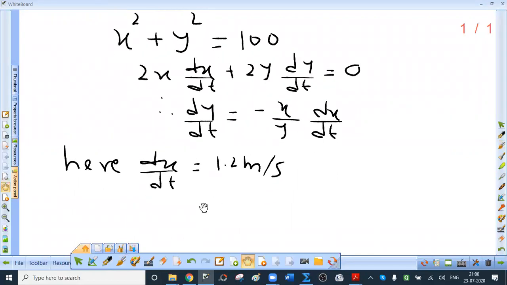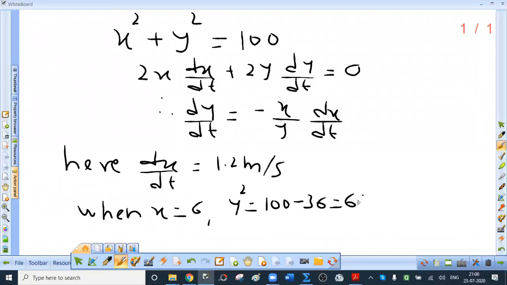Now, x equal to 6. Now we have to consider when x equal to 6, what is y or what is y square? It is 100 minus 36, that is 64.